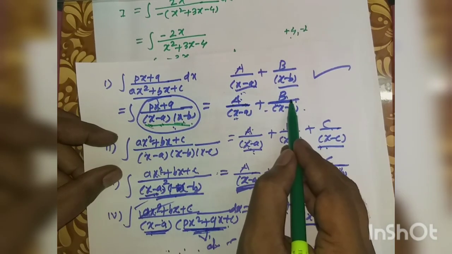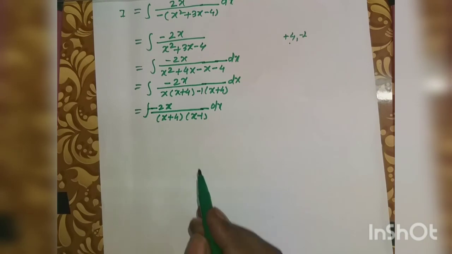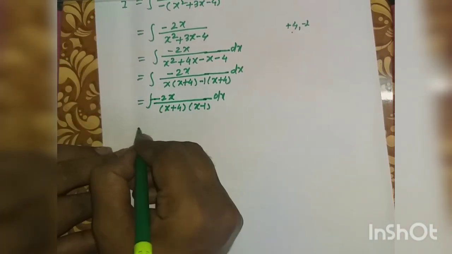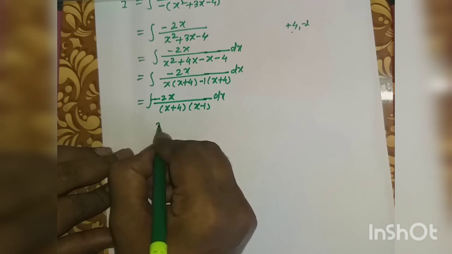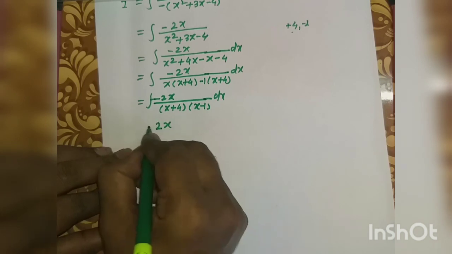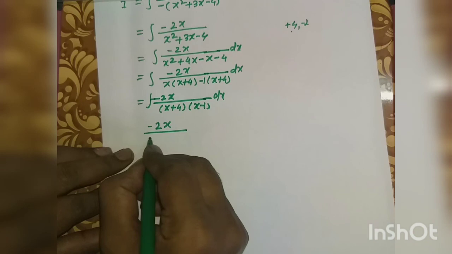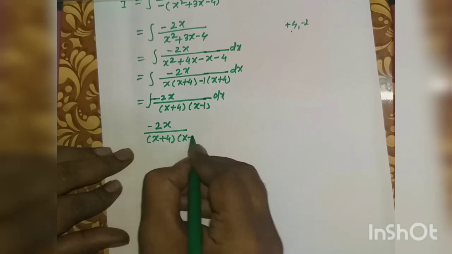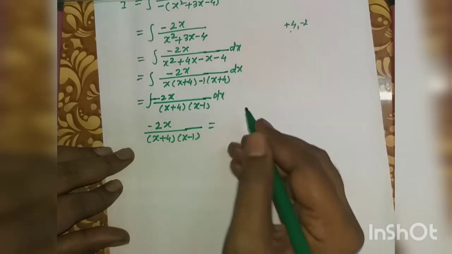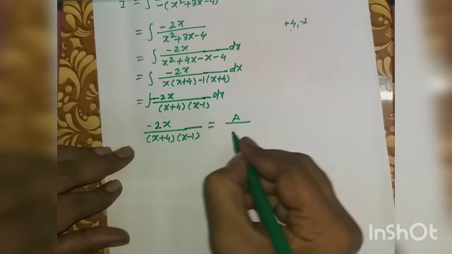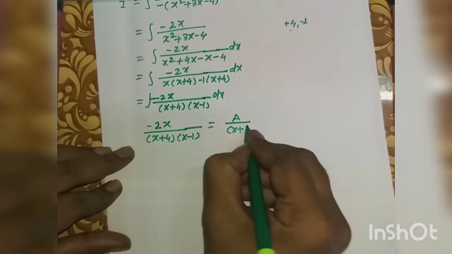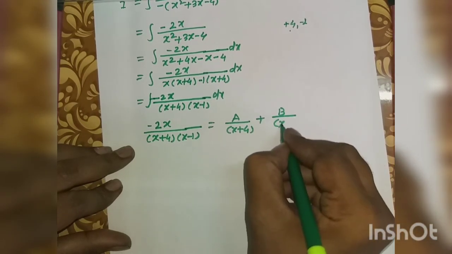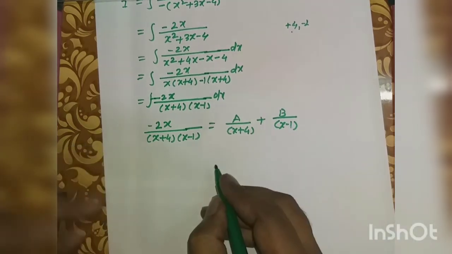That means expressing this in this form is the most important part: minus 2x divided by x plus 4 into x minus 1 is equal to a divided by x plus 4 plus b divided by x minus 1.